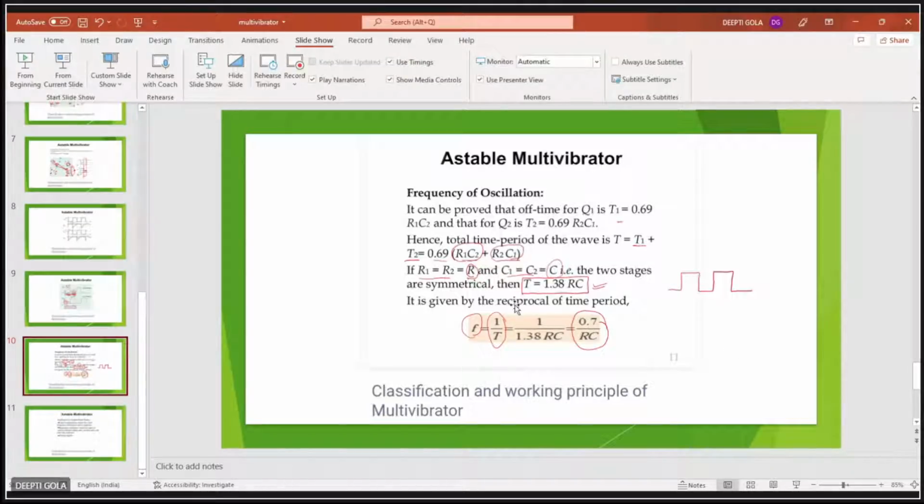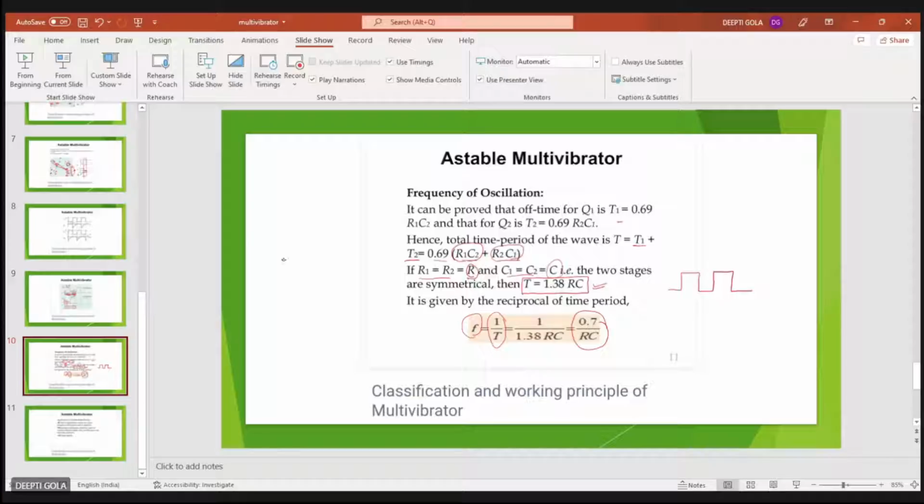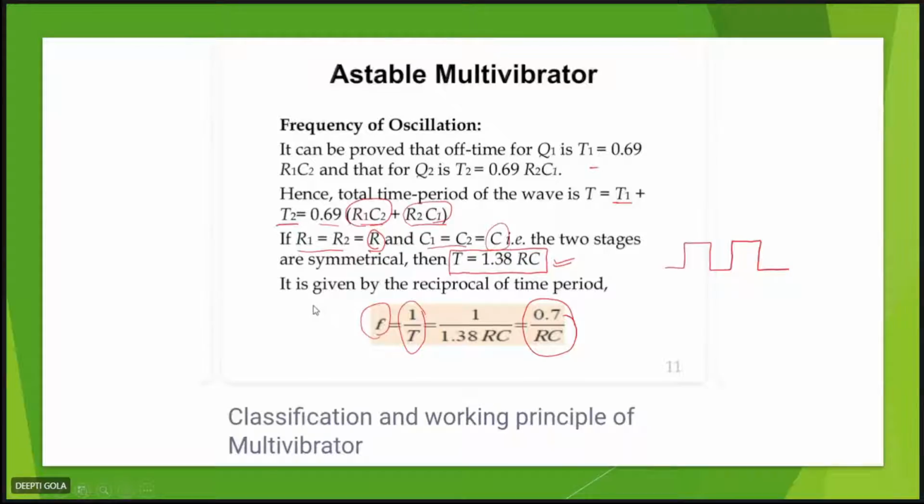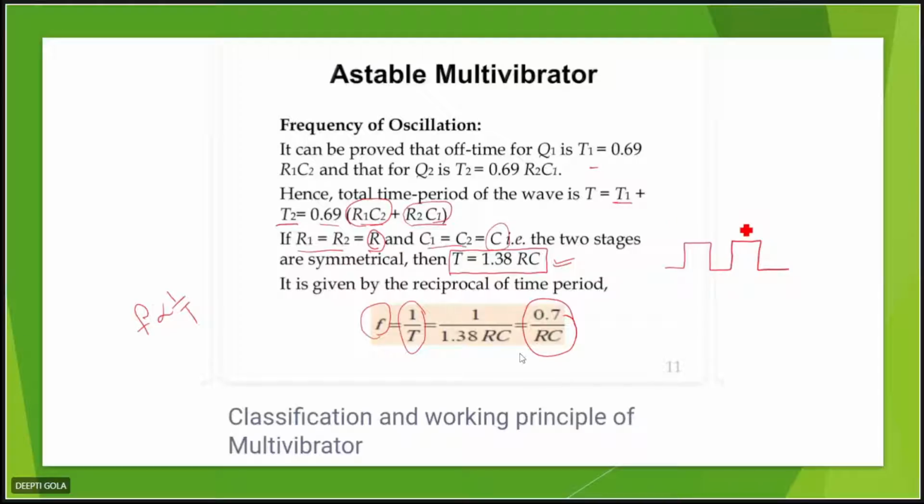Let me show you. As you can see here, this frequency is inversely proportional to time, right? If your capacitance value is very large, then the frequency will be very low.